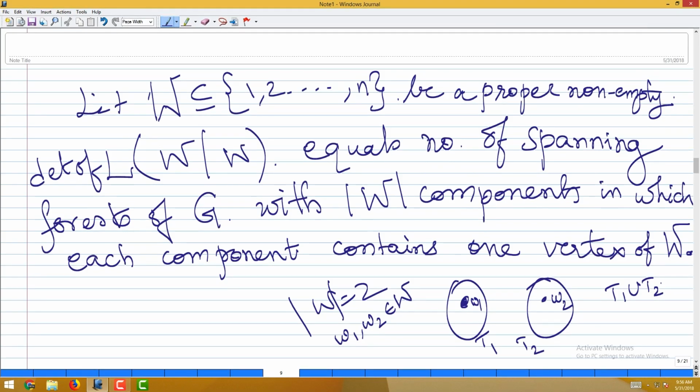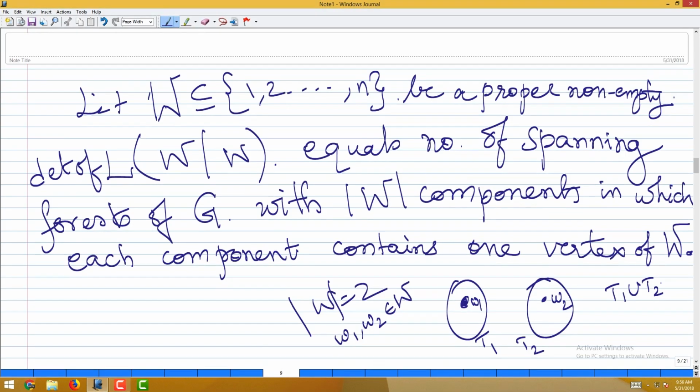Not only that, I know that every vertex is in one of the components, or I should say each component contains one vertex of W. If W components are there and W elements are there, it means every component has exactly one vertex from the set W. Okay. So, this is a generalization of the matrix tree theorem, okay.